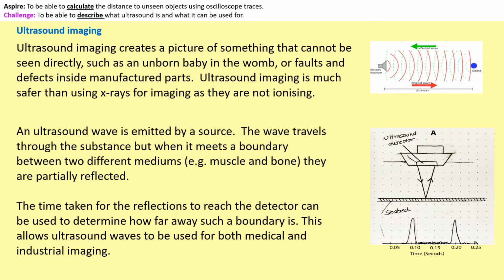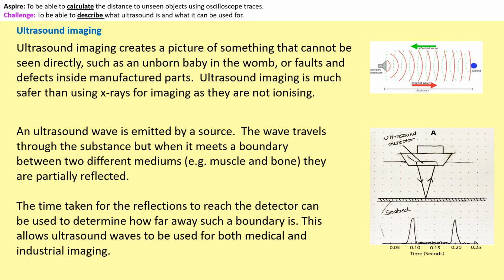So we've got a detector in the ship, and you can see that a sound wave is sent down into the sea, and it hits the seabed because that will be a different density than the sea that it's going through. And then the wave is reflected, and it is detected again. So you can see that the initial spike on the graph at the bottom comes at 0.1 seconds.